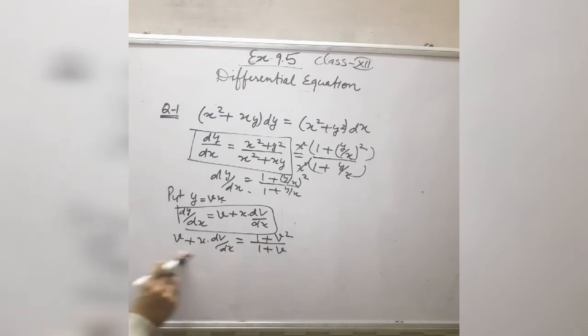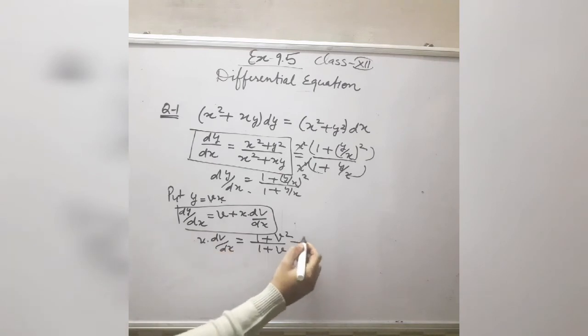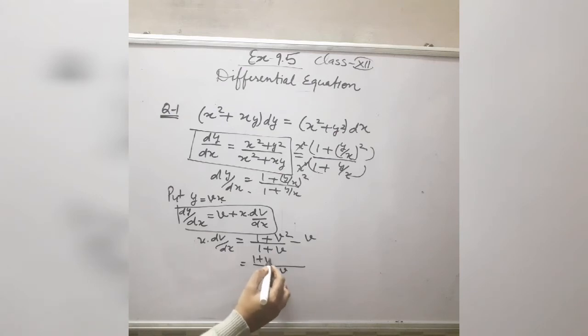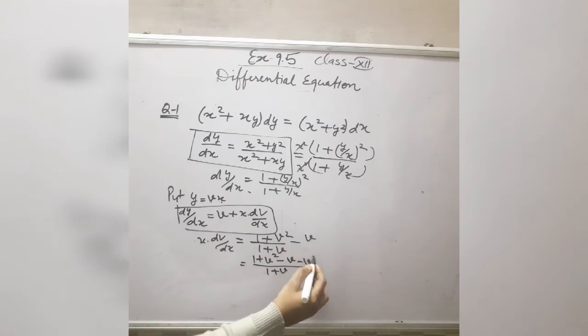Now in this differential equation two variables are present, v and x. Now it is very easy to separate the variables v and x. After separating, x into dv by dx equals the v term moved to this side, which becomes minus v. Taking the LCM, 1 plus v, it becomes 1 plus v square minus v, and minus v square is cancelled with plus v square.